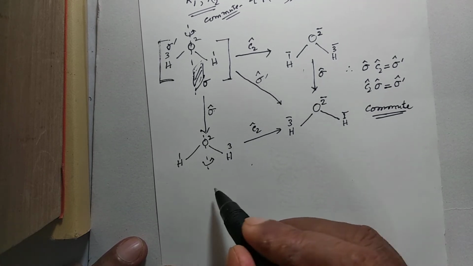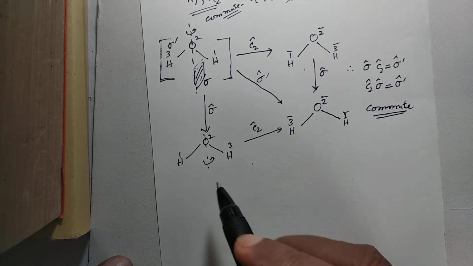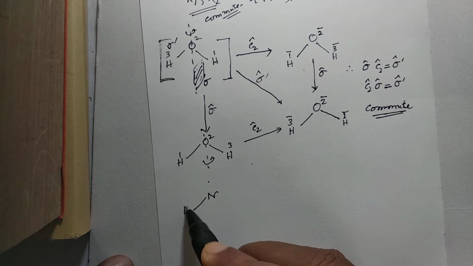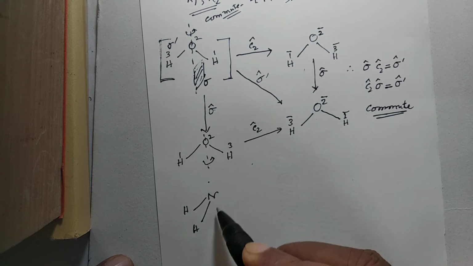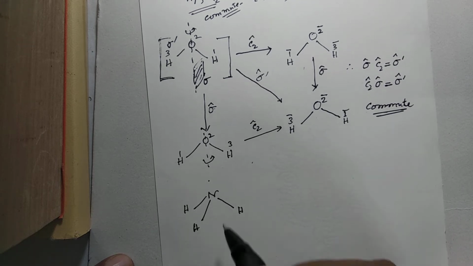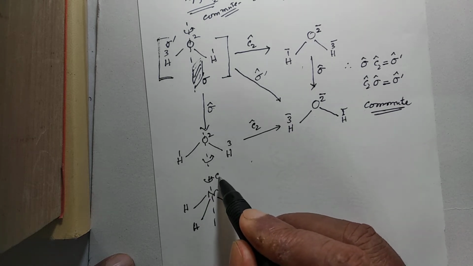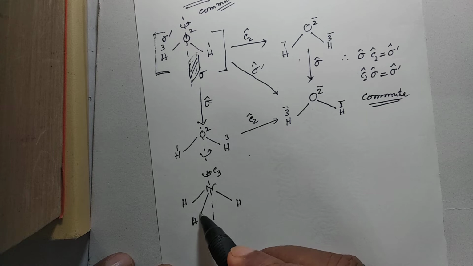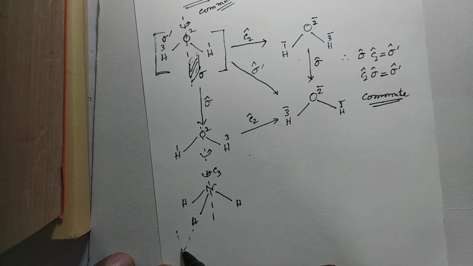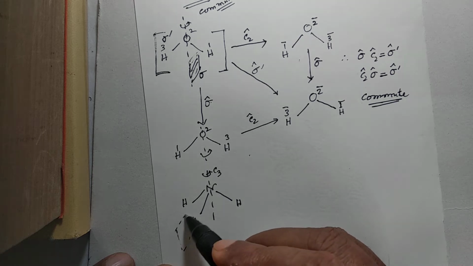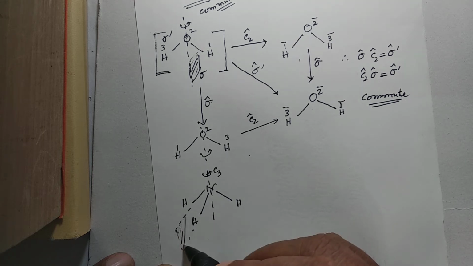Next, let us consider our second familiar example, ammonia. Ammonia molecule. It has a C3 axis like this, and each NH bond together with the C3 axis will give a plane of symmetry.